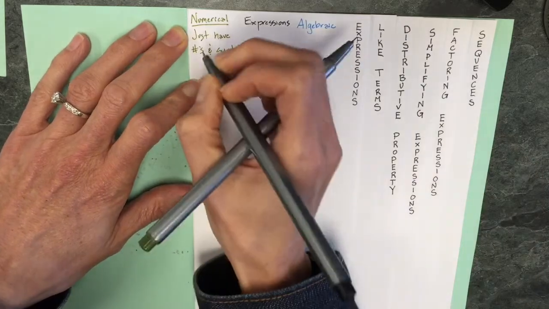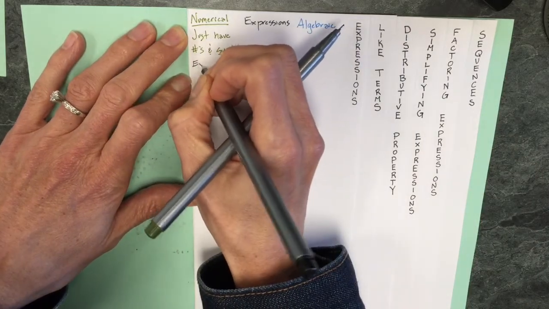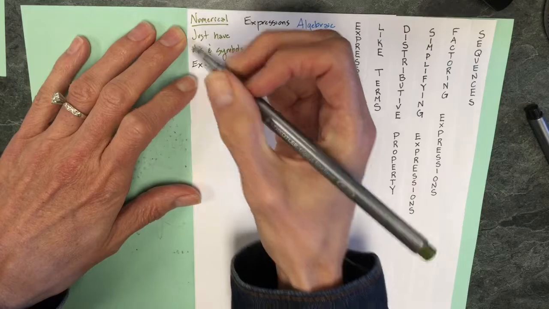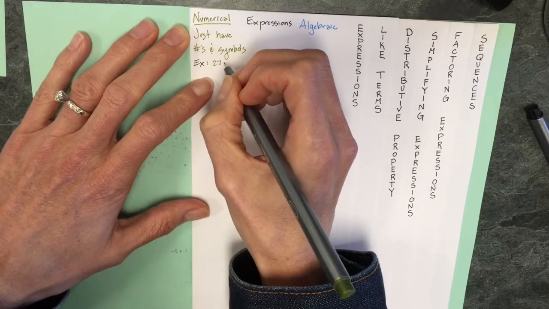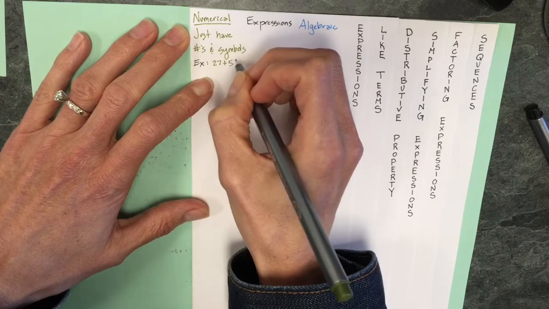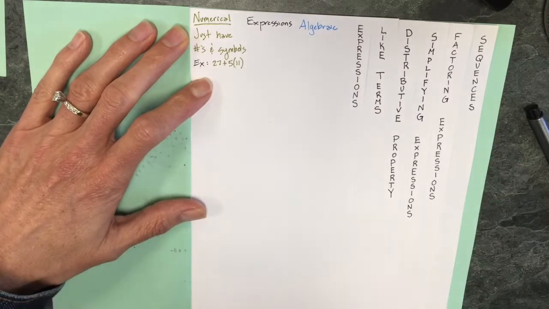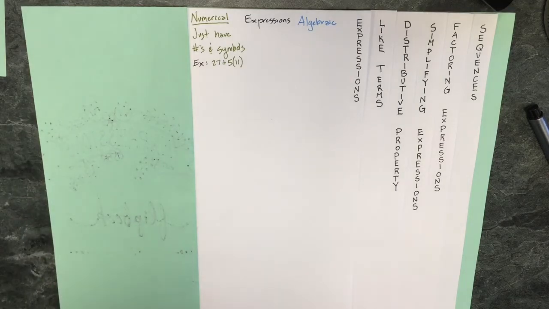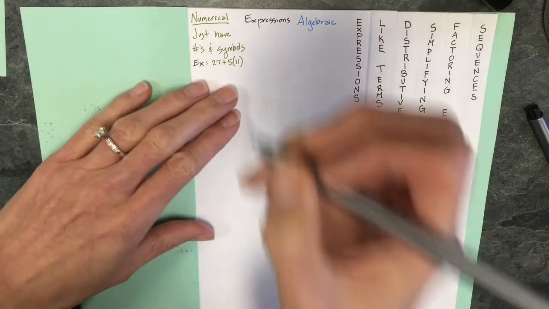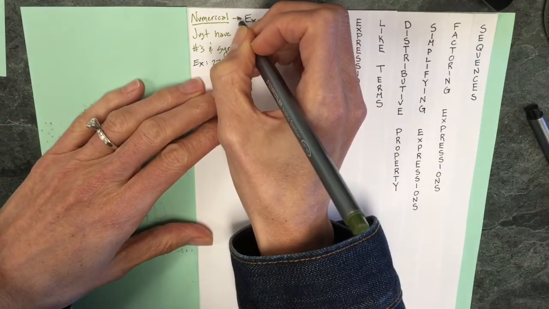For example, a numerical expression might look something like this: 27 plus 5 times 11. All numbers and some operation symbols. So that's a numerical expression.